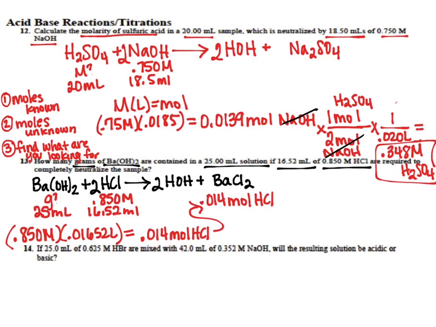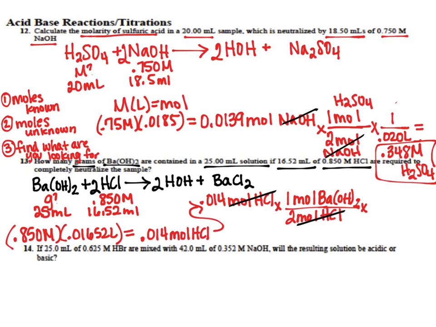So we're in moles of HCl. The next step says moles of unknown. To get to the moles of our unknown, we need the mole ratio. For every 1 mole of Ba(OH)2, we need 2 moles of HCl. So right now, I am in moles of Ba(OH)2.